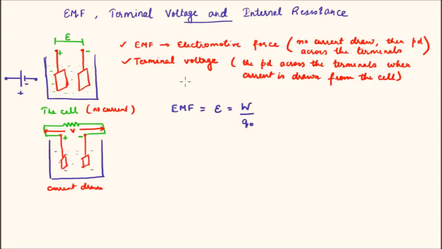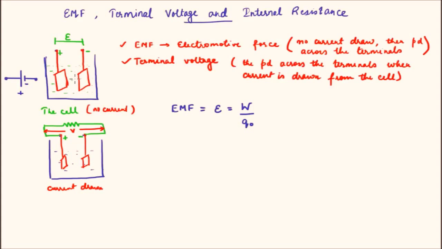Whereas the terminal voltage of a cell is defined as the amount of work done per unit charge when a positive charge is moved around the circuit connected across the terminals. Okay, so when it has to move from here to here, then the amount of work needed to be done is the terminal voltage.